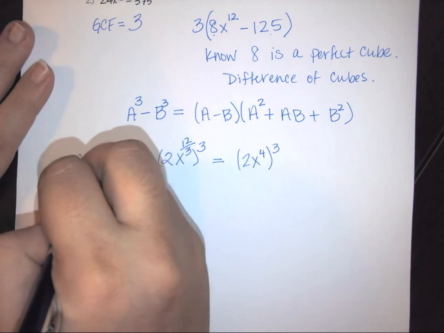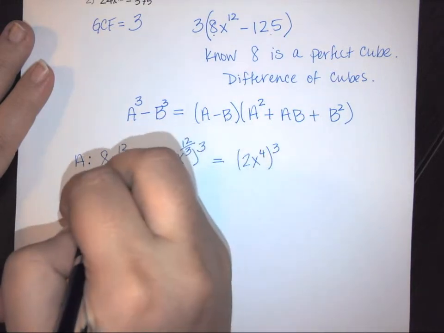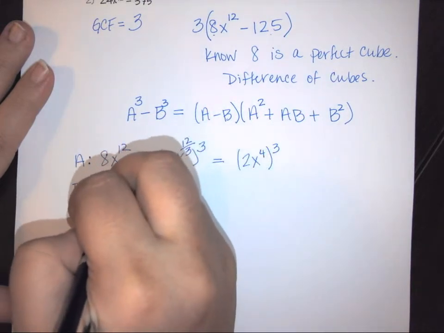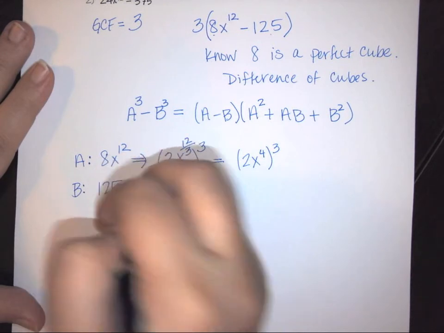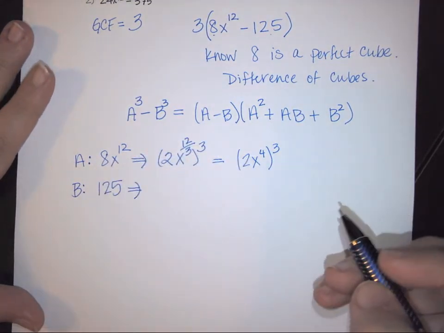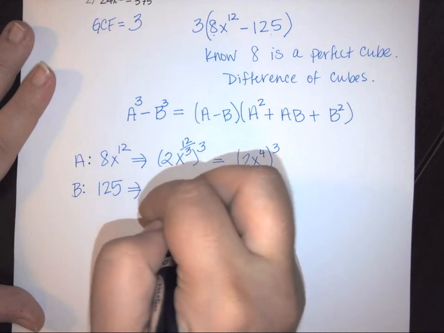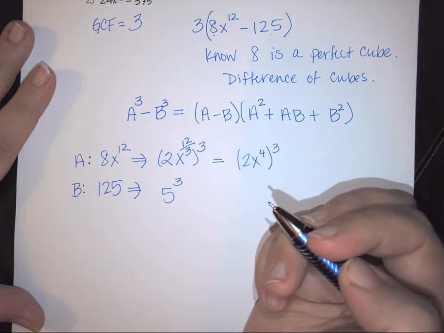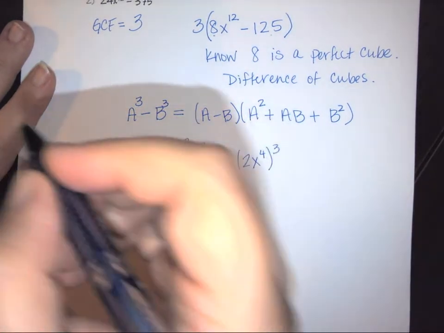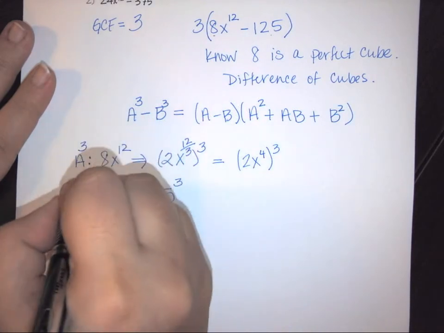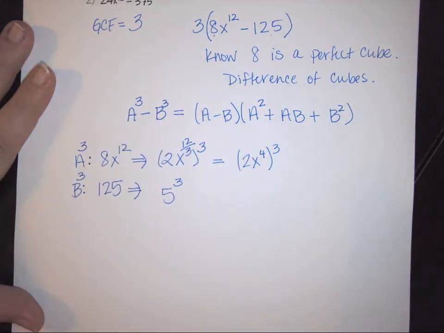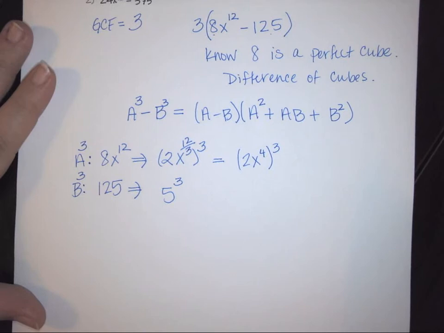I now need to look at my b term. So b is going to be 125. Well, 125 is also a perfect cube. It's a perfect cube using 5 cubed. So these right here are a cubed and b cubed.